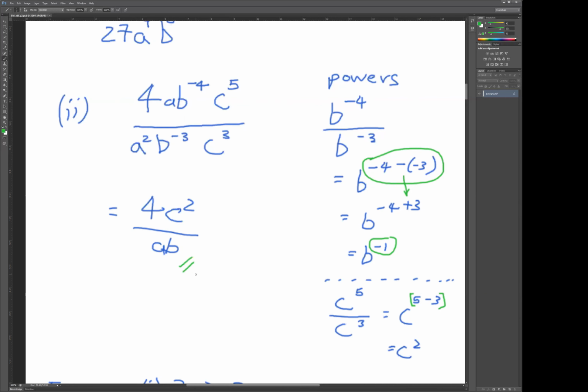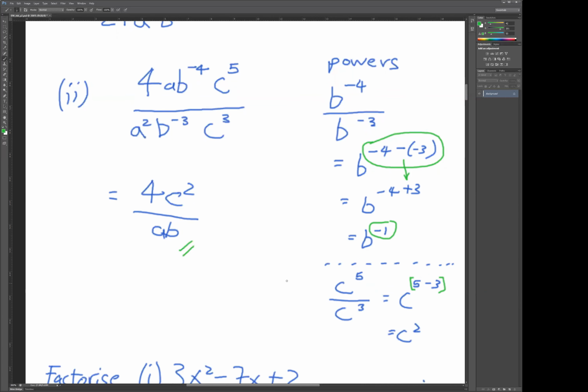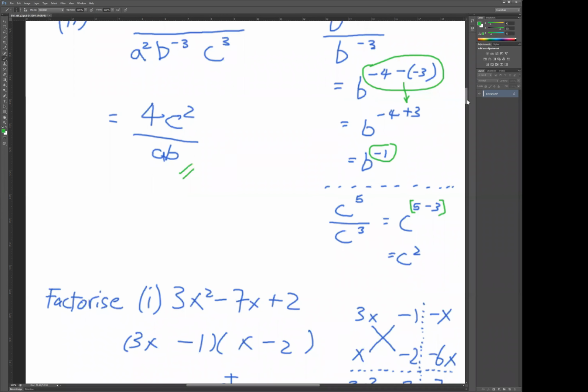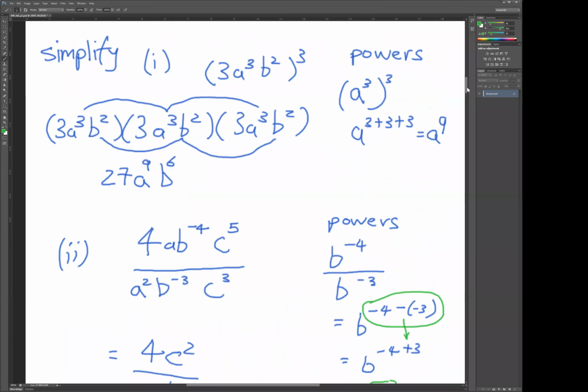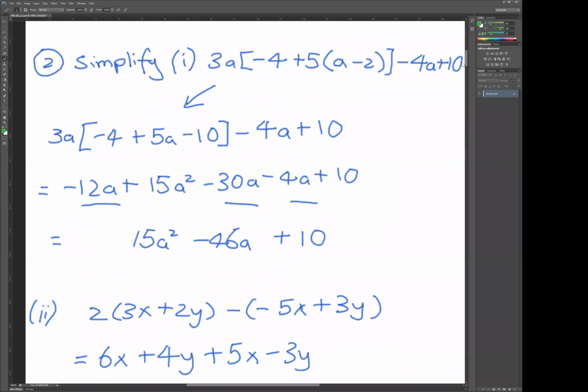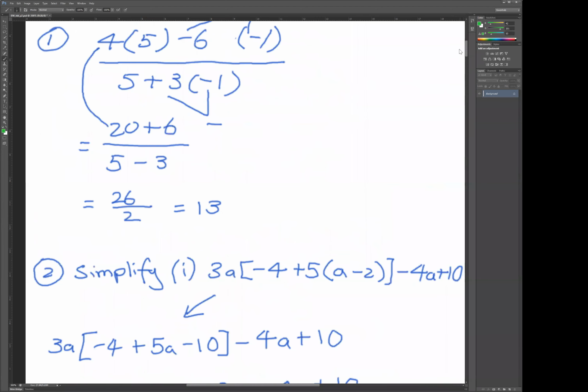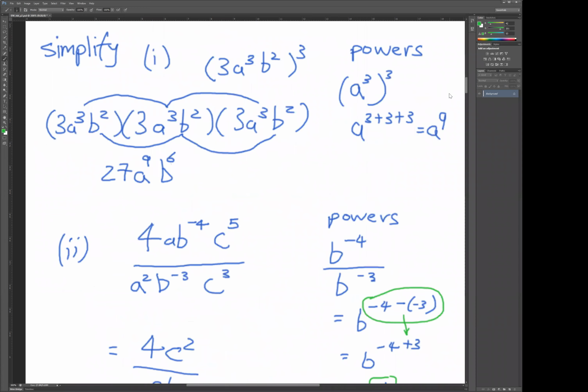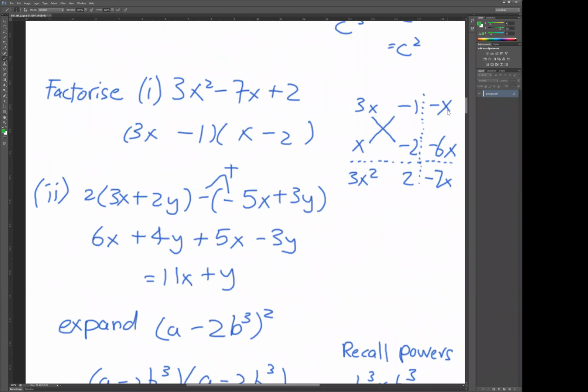Then, sir, 5 part 2, the 12a to the power of 4 minus 4a to the power of 3, that one. 12a to the power of 4. I think I have to do it again.